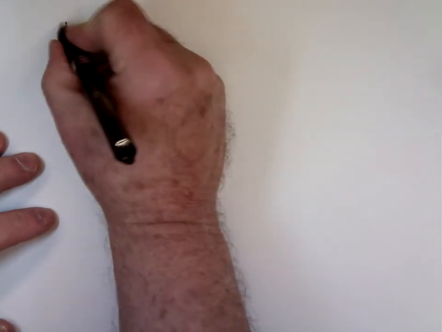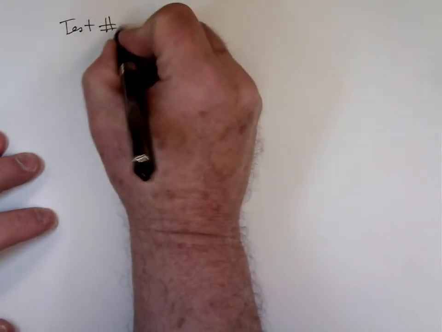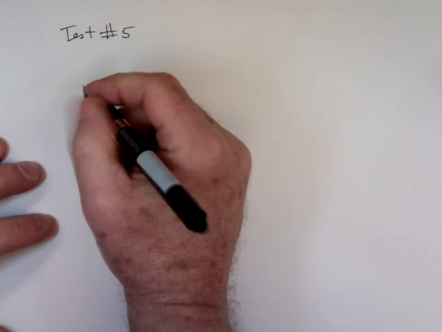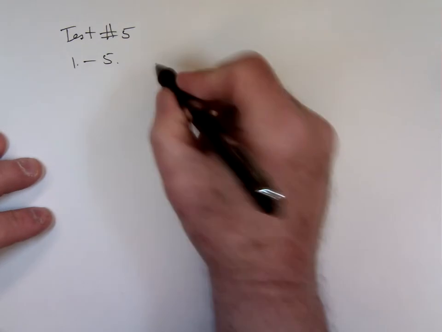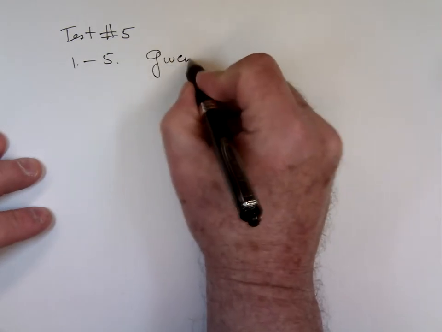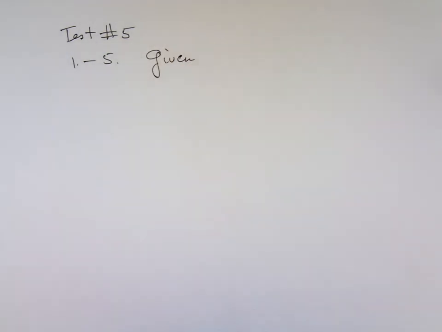Okay, so this is test number 5. The first part, 1 through 5, I'm going to be giving you a surface.